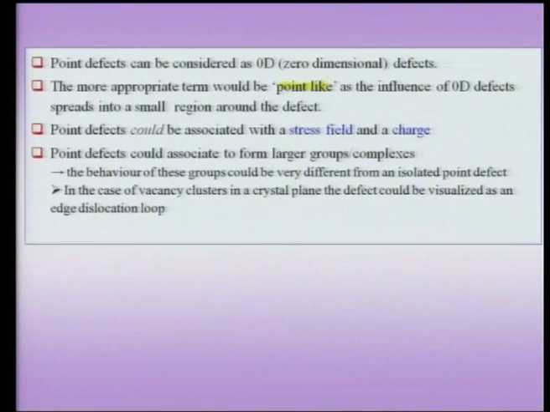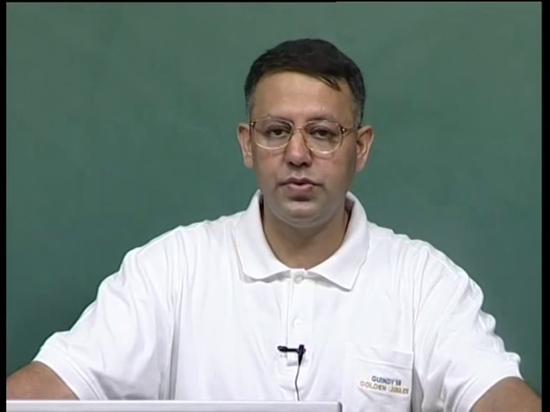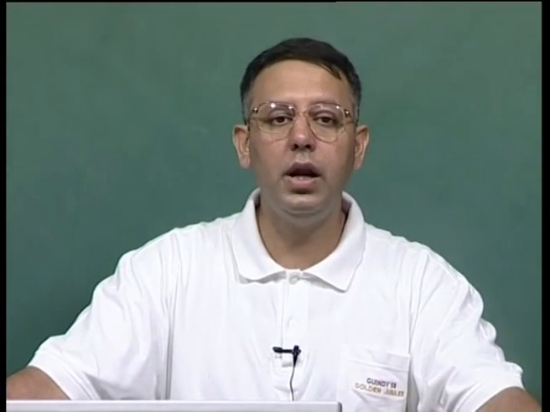In other words, the influence sphere of these defects spreads into only a very small region around a point, typically not more than a few lattice spacings around a single atom, and therefore, we can still classify them as point defects. Later, when we are defining defects based on dimensionality, we have to notice that if I am calling a dislocation a one-dimensional defect, often the sphere of influence of a dislocation, especially the stress field, could be very long distance.